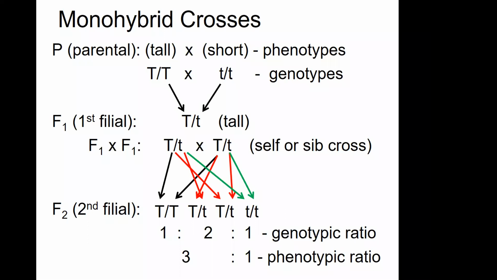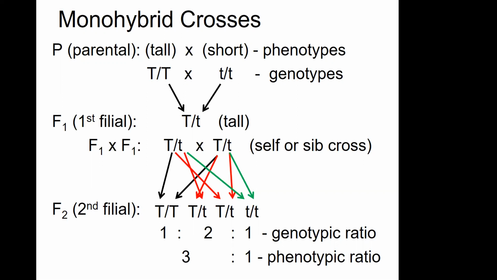That's called a monohybrid simple dominant phenotype ratio, or complete dominant phenotype ratio. Are there other phenotype ratios that could happen? Can you guess?